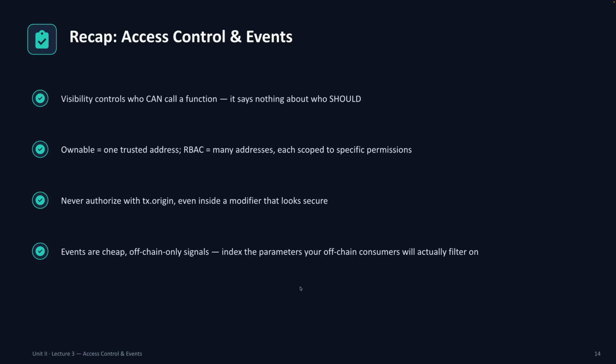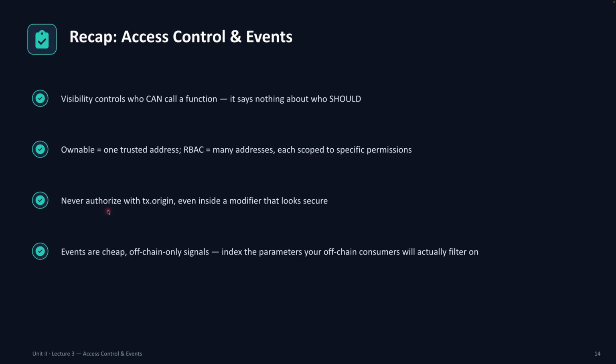Let's recap access control and events. First, visibility controls who can call a function. It says nothing about who should. Second, when to use Ownable: when you need one trusted address. When to use RBAC, or role-based access control: when there are many addresses, each scoped to specific permissions.